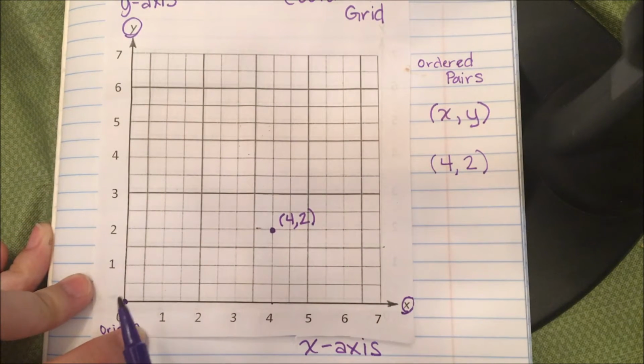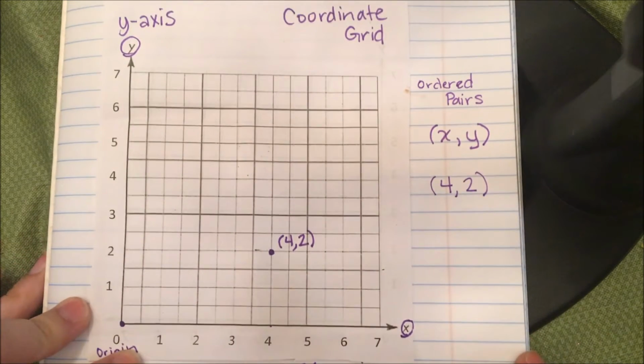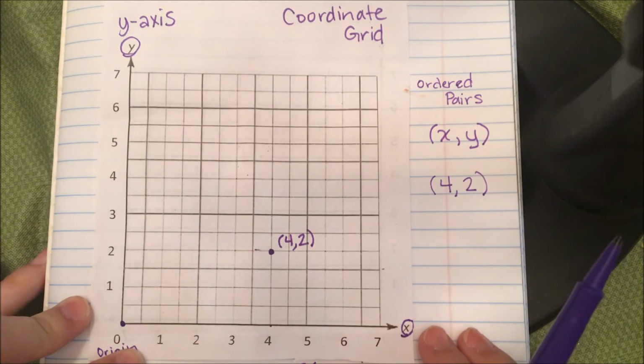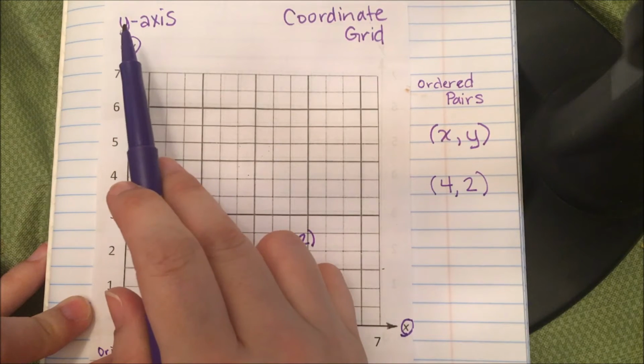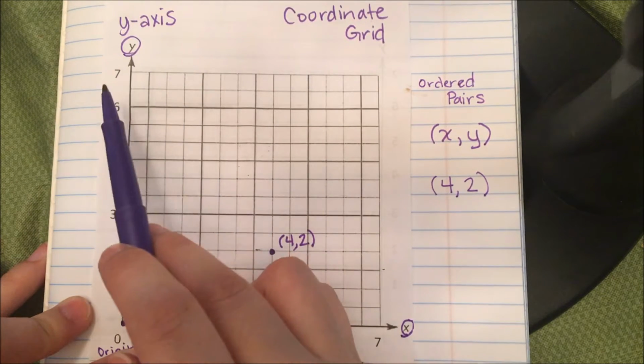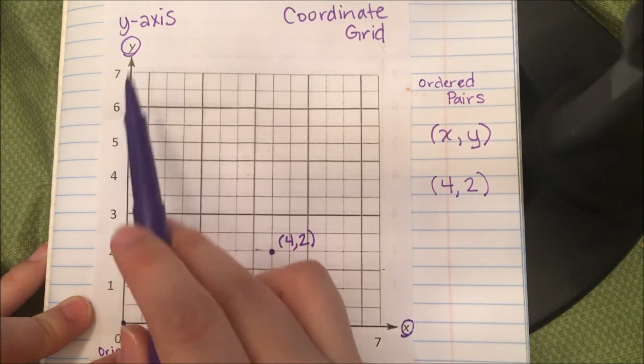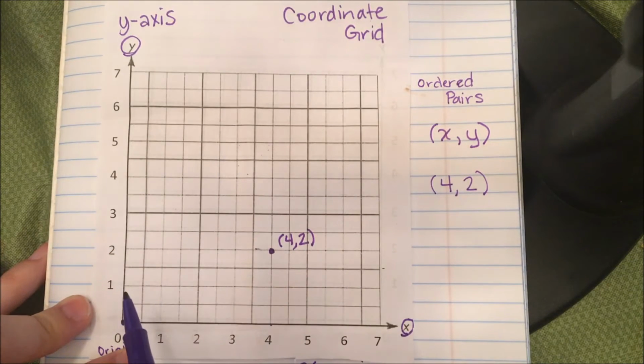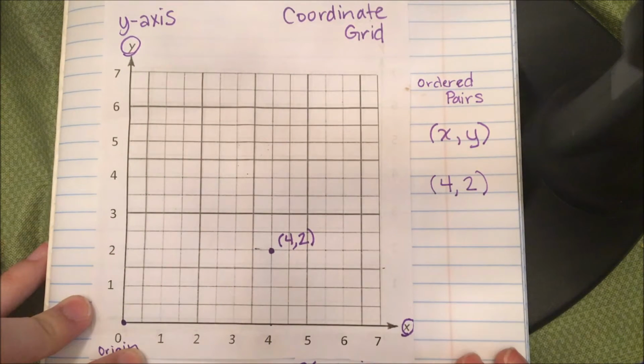And then you've got your vertical line, and that is your y-axis. One way to remember that the y is vertical is that y has a tail and it's longer than the y, so it goes up and down. That's your y-axis.